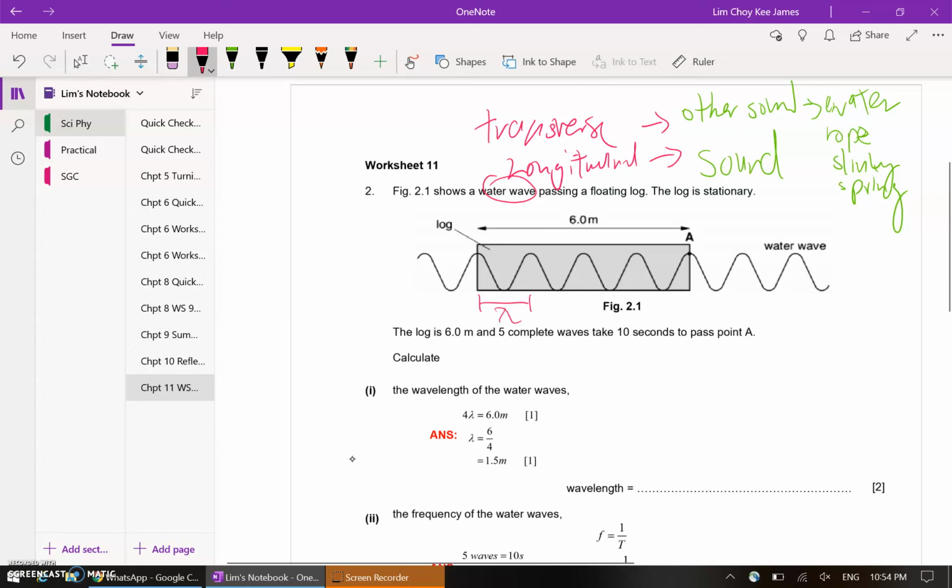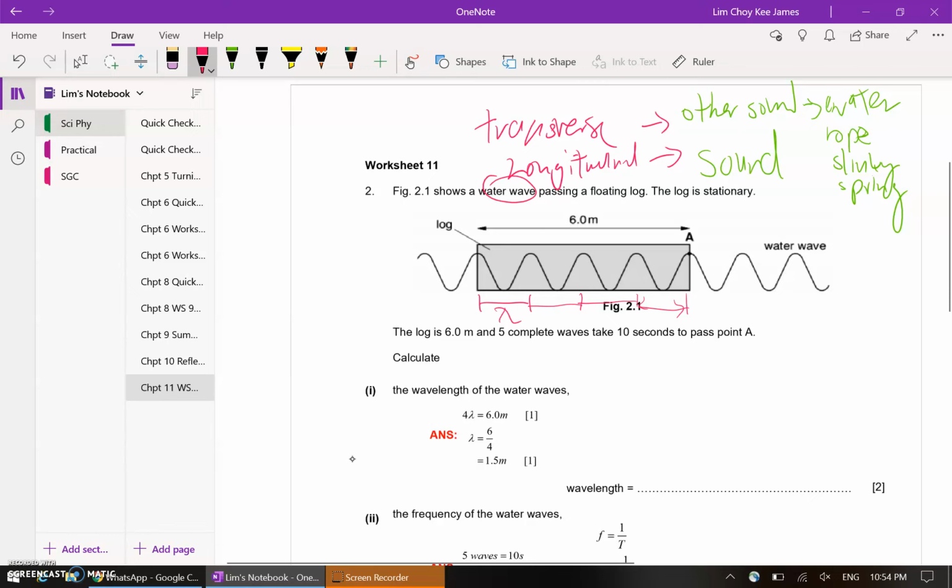For 6 meter, if you look at the picture, you will find 1, 2, 3, 4. There are 4 waves inside a 6 meter long lock. Or I can say that the lock is 6 meter, which is equivalent to 4 wavelengths of the wave itself, based on the picture.